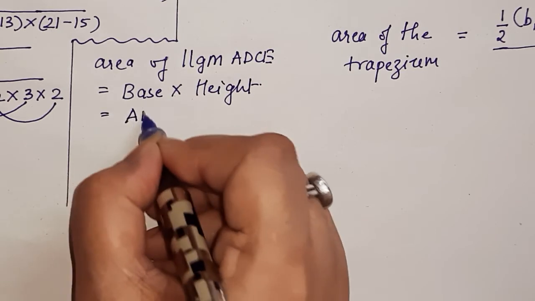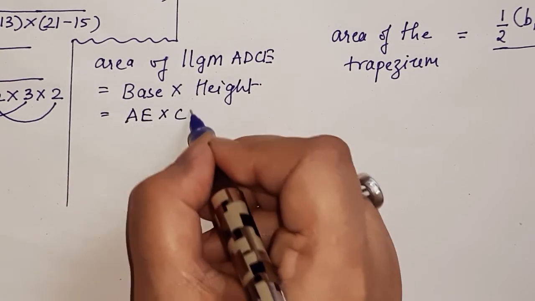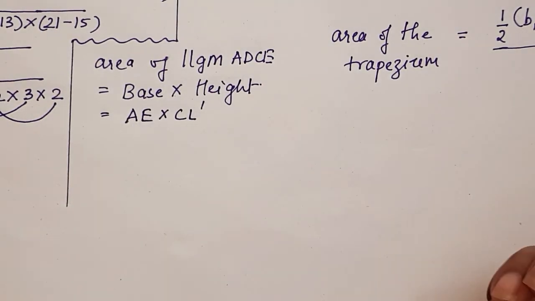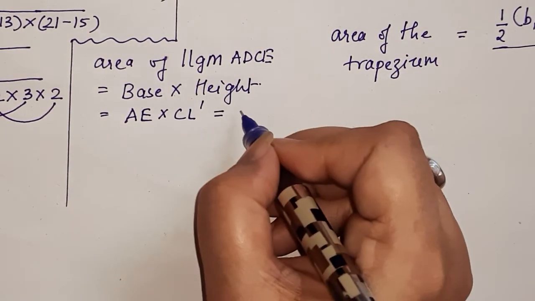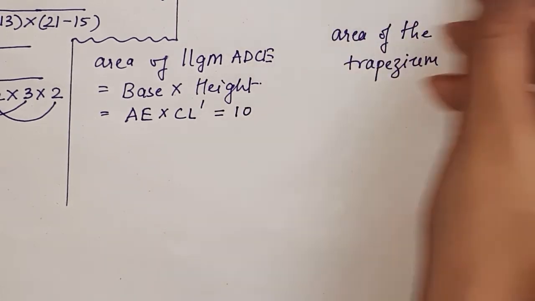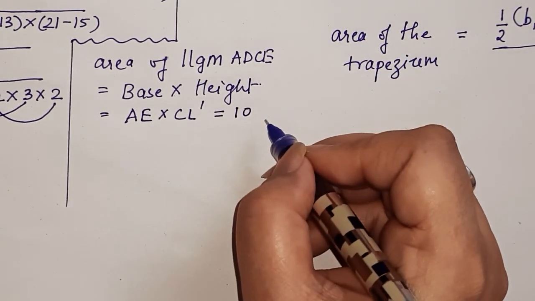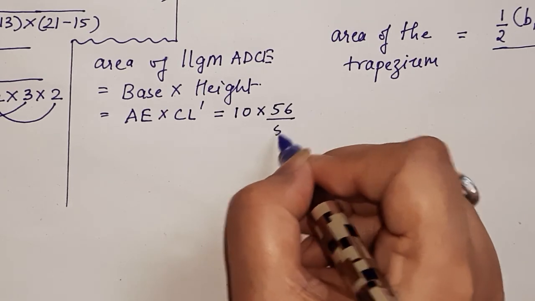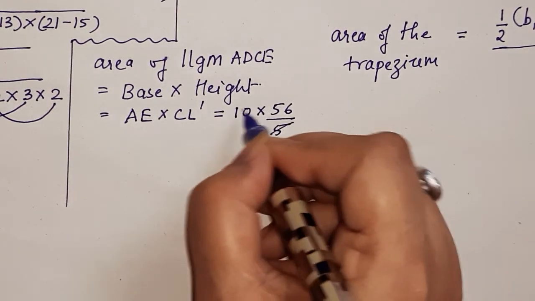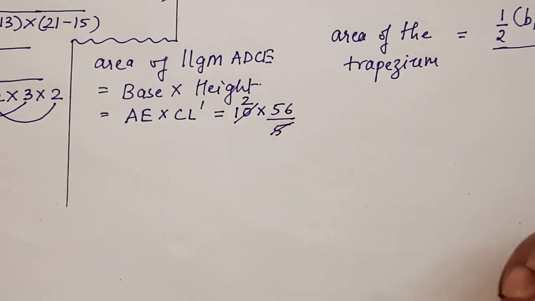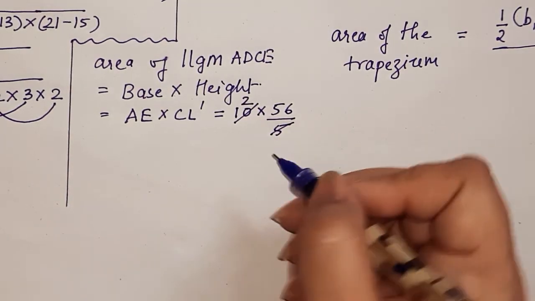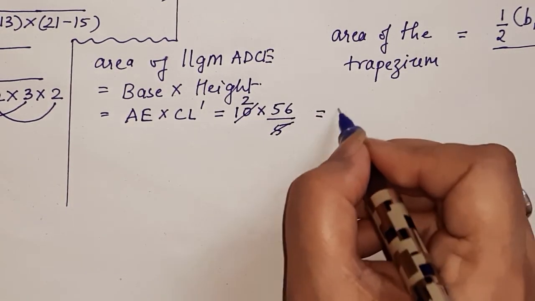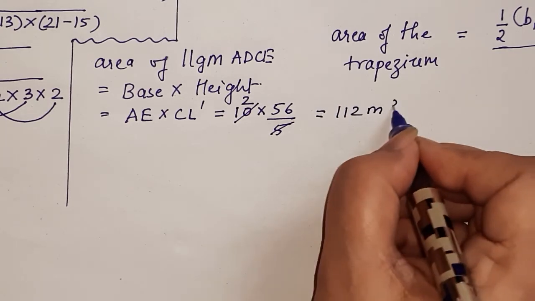It is AE, and the height is equal throughout. So we can say CL dash is also the height of the parallelogram. We know the length of the side AE, that is 10 meters, and we also know the height, that is 56 upon 5. Because we have left it in fraction, the calculation has become easy. We can cancel 10 with 5 and this will give us 112 meters square.